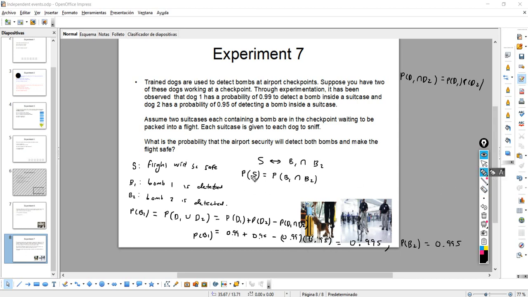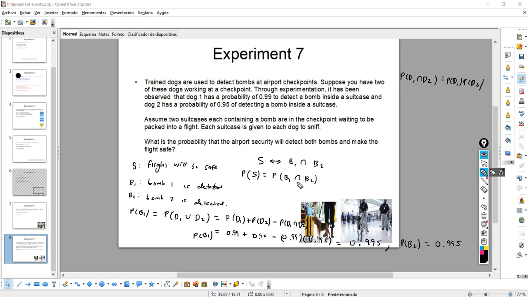We're not done with the problem. So the probability of the flight being safe is equal to the probability of B1 and B2. Okay, perfect. So once again, are these events independent? Is the probability of detecting the bomb 1 independent from the probability of detecting the bomb 2? Well, yes.